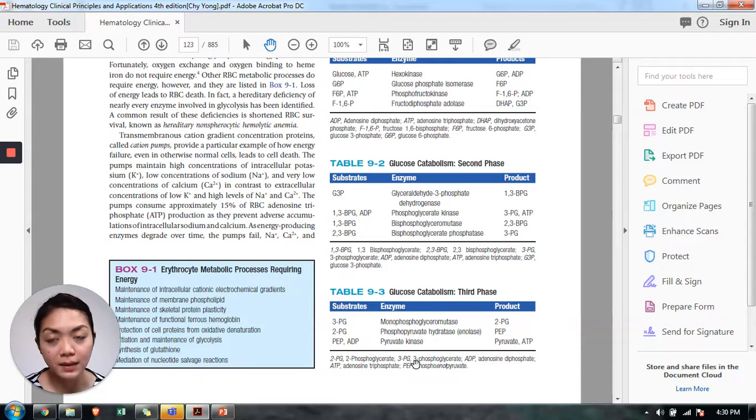These are important because once your body cannot produce these enzymes, we actually have a disorder or abnormality of red blood cells, and that is called HNSHA. Especially if you are deficient in phosphoglycerate kinase and in pyruvate kinase, these are common causes of HNSHA, which stands for hereditary non-spherocytic hemolytic anemia.